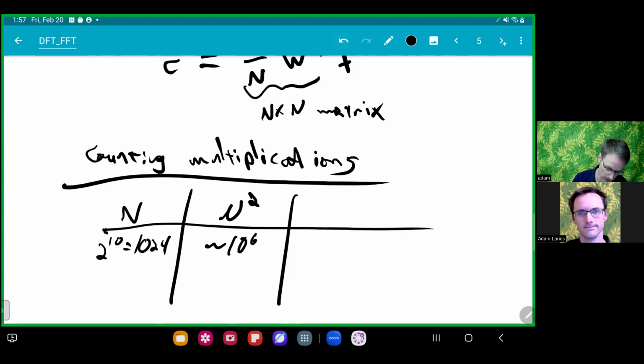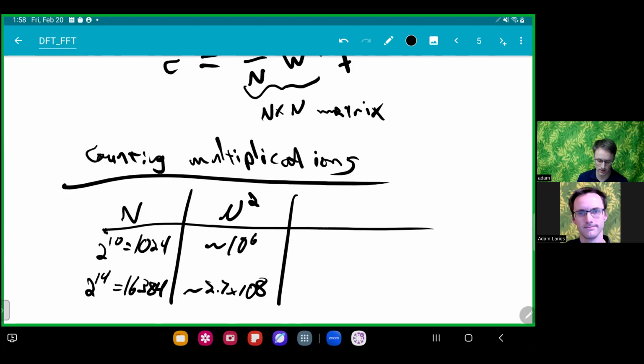And yeah, that means this thing is pretty expensive. If we have something like 2 to the 14, which is 16,384, then when we compute n squared, we get something like 2.7 times 10 to the 8th multiplications.